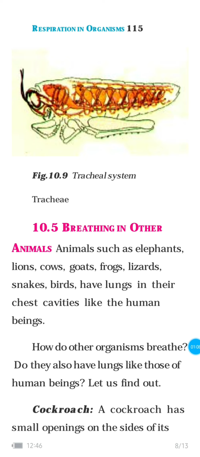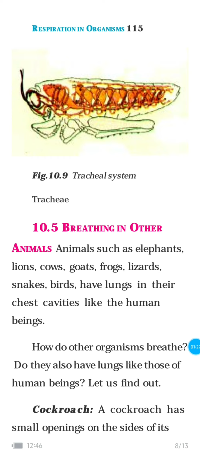Oxygen-rich air rushes into the tracheae through the spiracles, diffuses into the body tissue and reaches every cell of the body. Similarly, carbon dioxide from the cells goes out of the tracheal tubes and moves out through the spiracles.